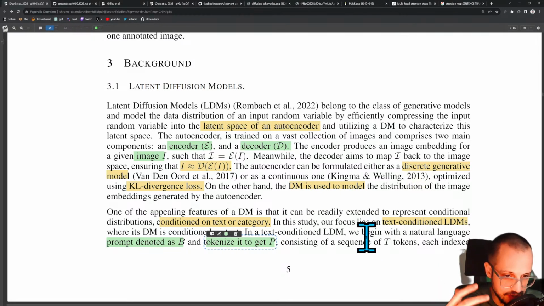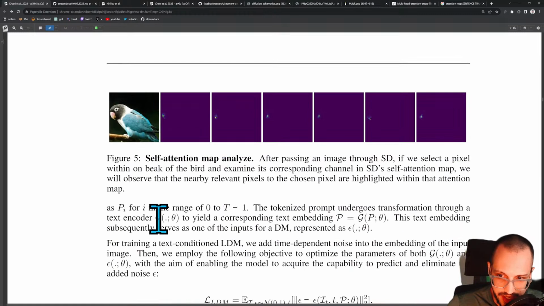Each of those chunks is called a token, T tokens, each indexed as p_i for i in the range of 0 to t minus 1. Okay, so what they're saying here is that there's going to be t tokens, 0 indexed, right? So 1 indexing, you start from 1 to t, 0 indexing, you go from 0 to t minus 1. Most programming languages, except for MATLAB, I think, are 0 indexed.